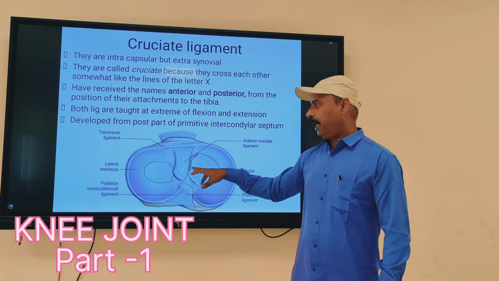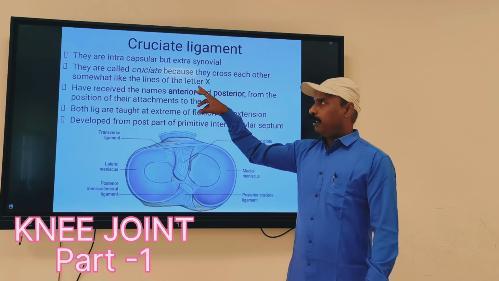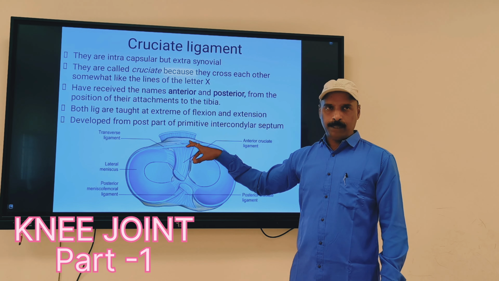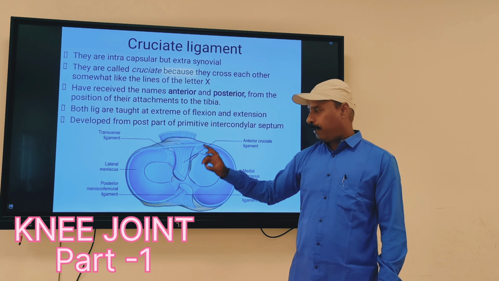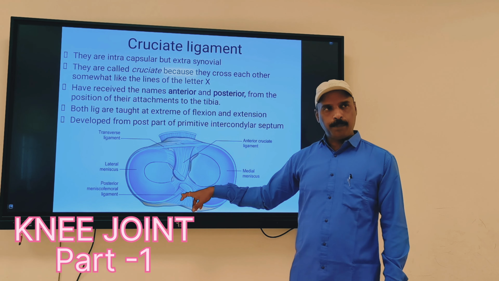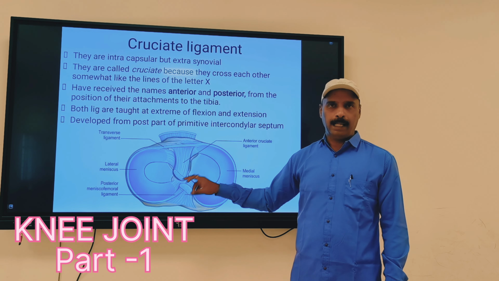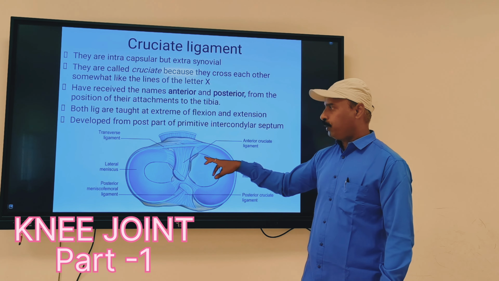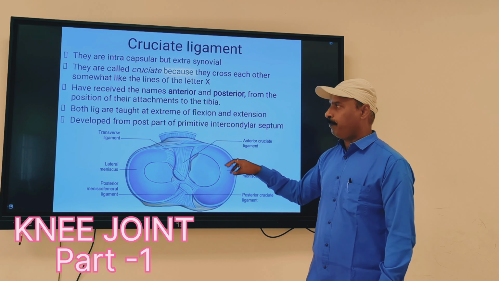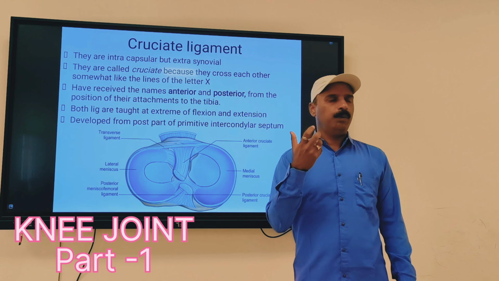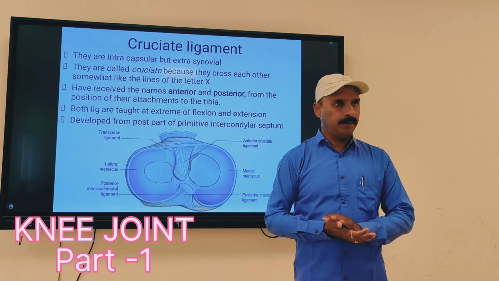So what is this? Anterior cruciate. Anteriorly it is attached to the anterior part of the intercondylar area of the tibia. The posterior smooth part gives attachment to the posterior cruciate ligament. They make the joint very tough during flexion and also during extension.